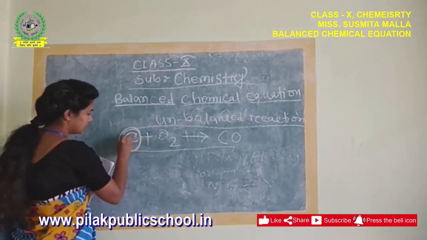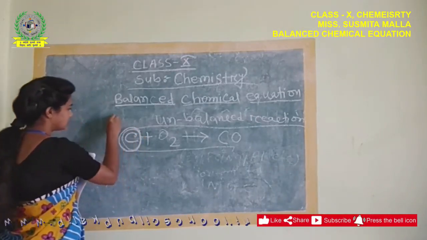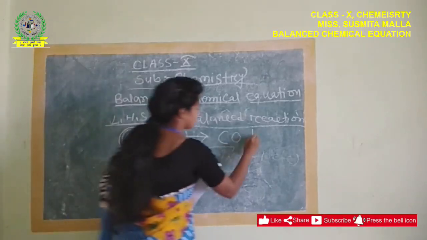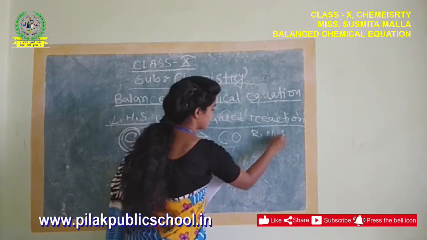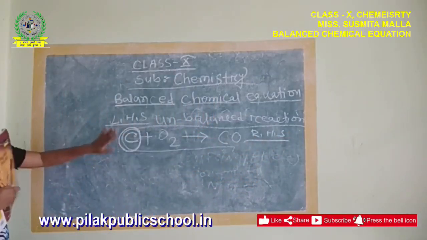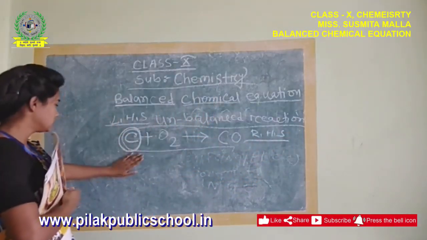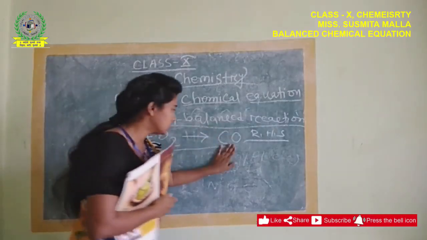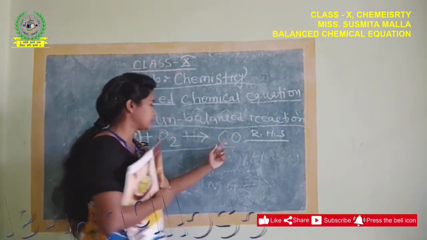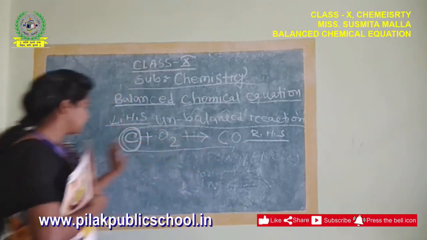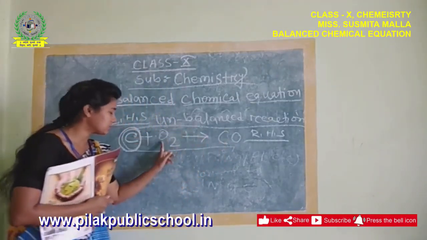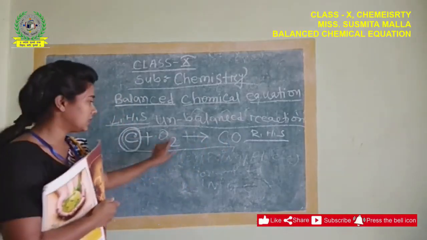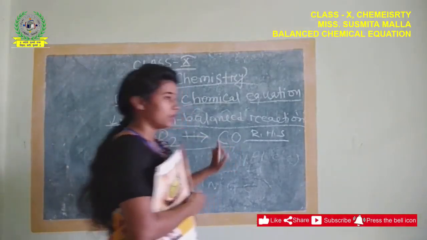This is LHS, this is RHS. So in the left hand side there is 1 molecule of carbon and in the right hand side 1 molecule of carbon. Next oxygen. In the left hand side there are 2 oxygen. In the right hand side there is 1 oxygen.